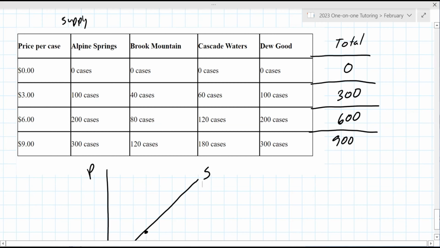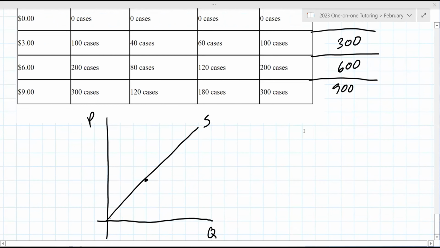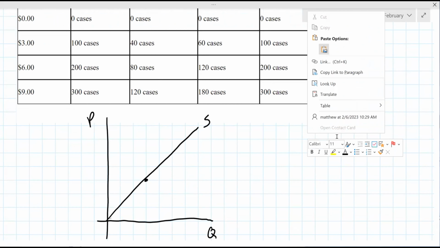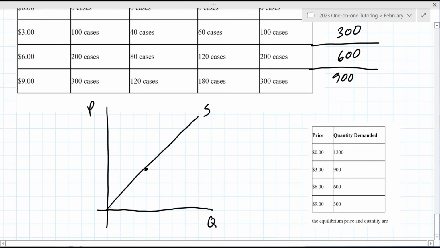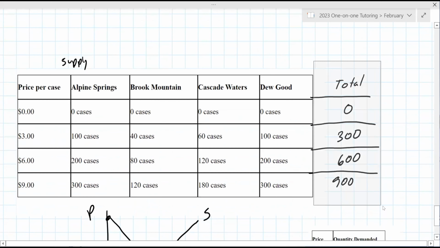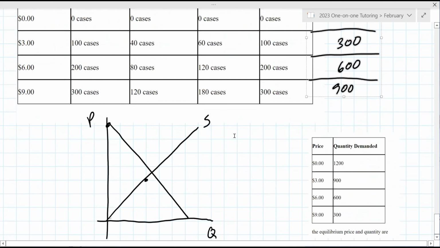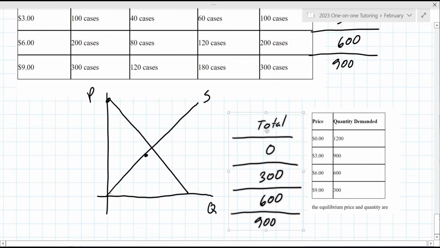Now it says that there's a demand schedule given. So this is the other side of it. The demand is 1,200 at $0. At 3, there's 900. There's something going down like that. What you're really doing is taking your total here and lining it up to this one here.